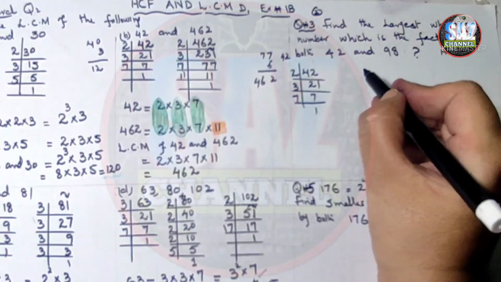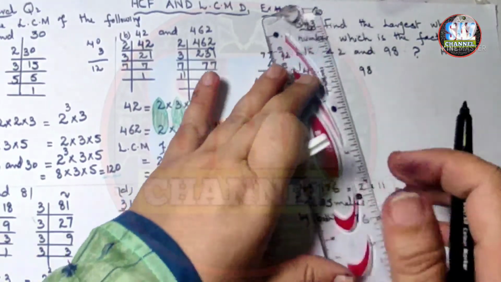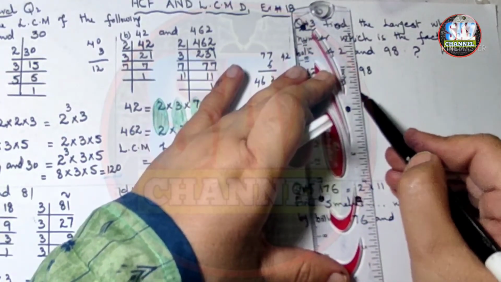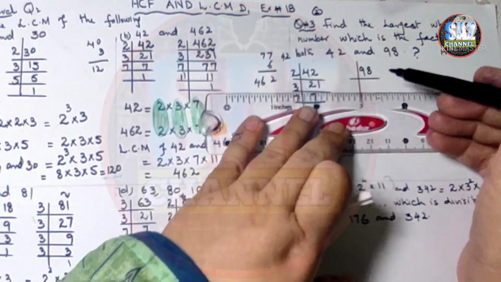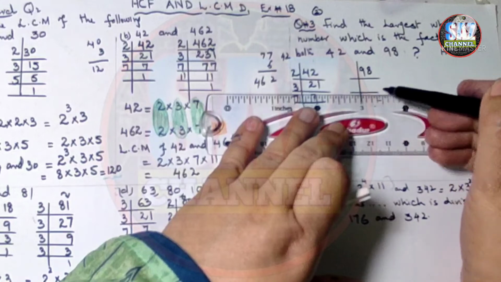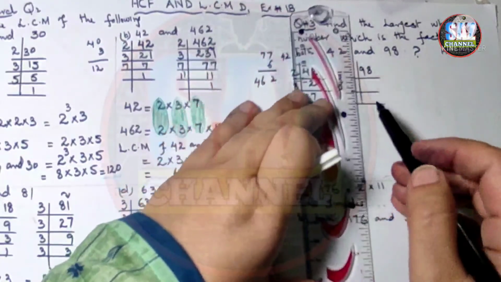And moving to 98, again we can see the smallest prime number that can easily divide 98. What is that, students? Recall the divisibility test.